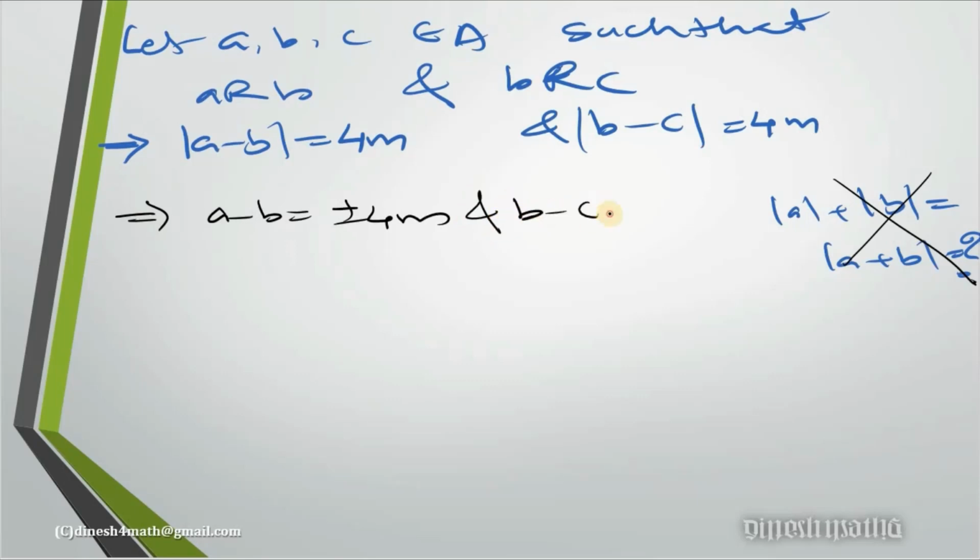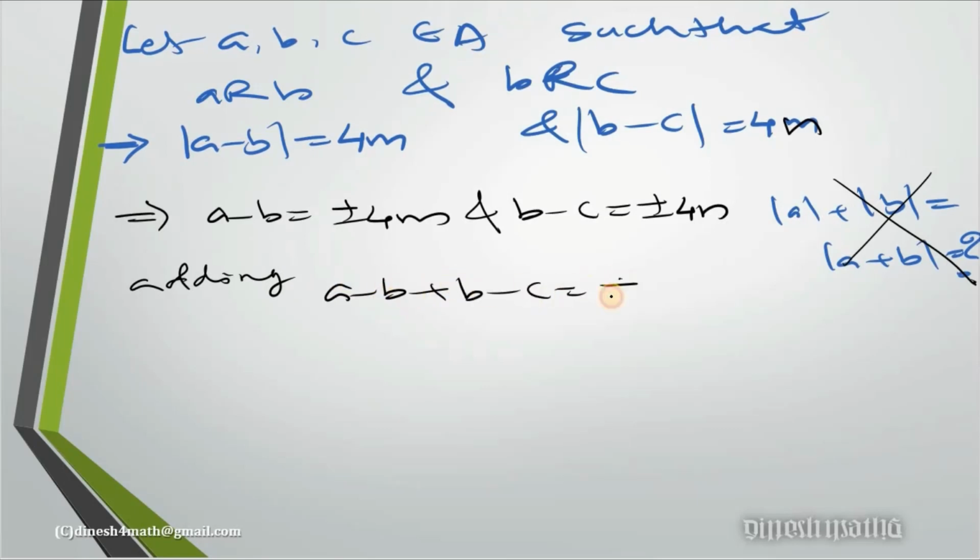And b minus c is equal to plus or minus 4n. So this could be another multiple of 4. Now adding these two, a minus b plus b minus c is equal to plus or minus 4m plus or minus 4n. Clearly b gets cancelled. So a minus c is equal to plus or minus 4 into (m plus n).